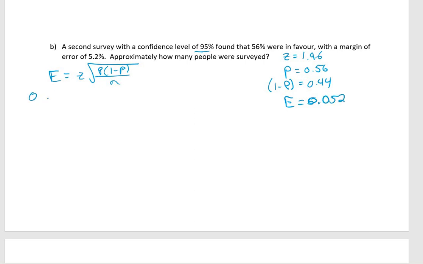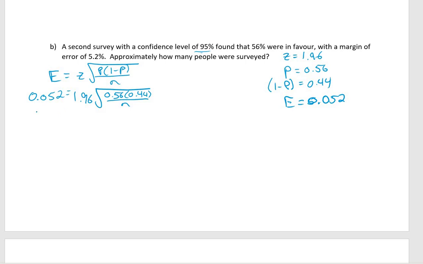So 0.052 is equal to 1.96 times the square root of 0.56 times 0.44 over n.